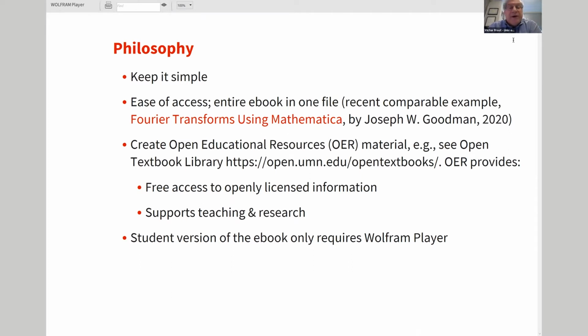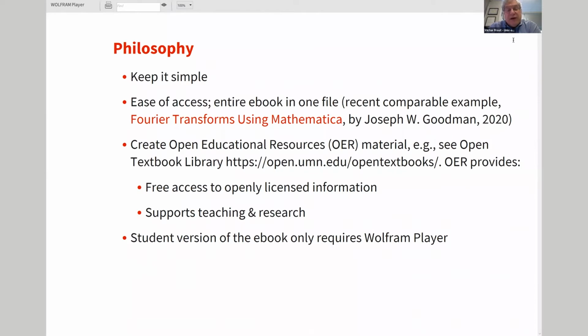Another background I wanted to do is I wanted this to be an open educational resource material. I think that's a trend that's happening. You can go to that link and you can find quite a few open textbooks that are there. These are free access, openly licensed information that support research and teaching.